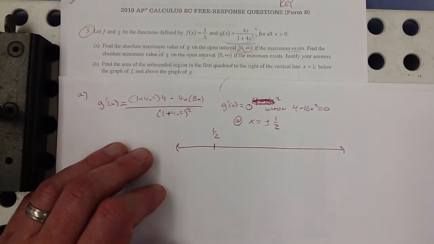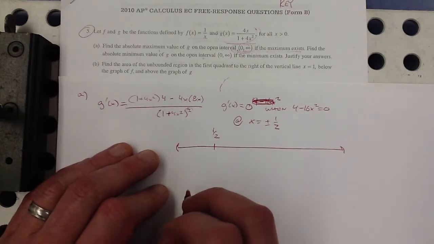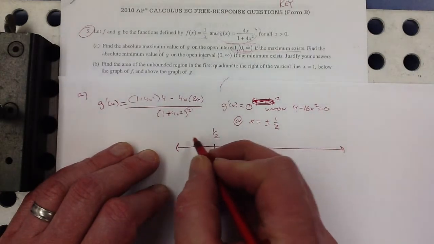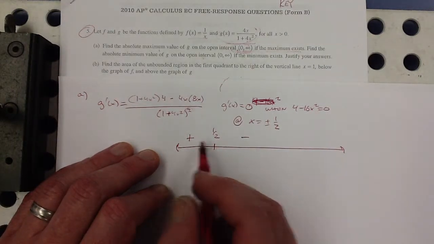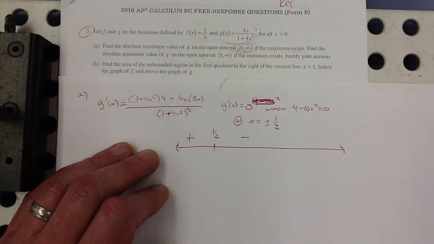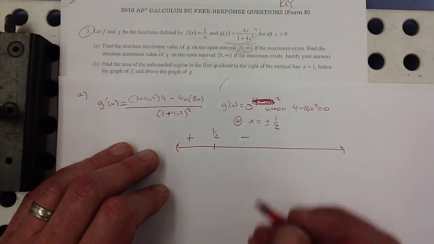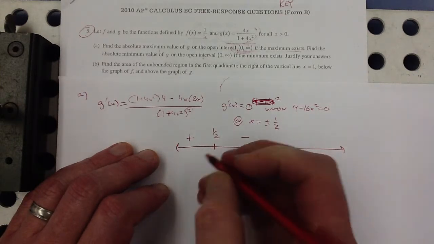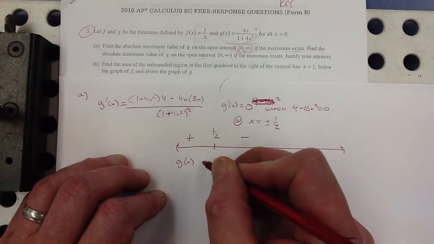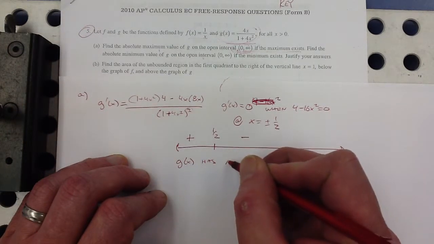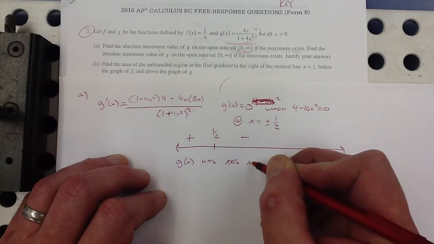So if I plug in some values into this, you can try plugging in 0 and then plugging in something above 1/2, and you will find that g of x has an absolute max.